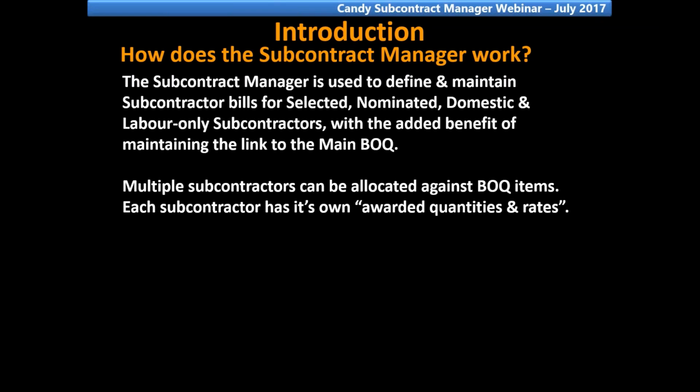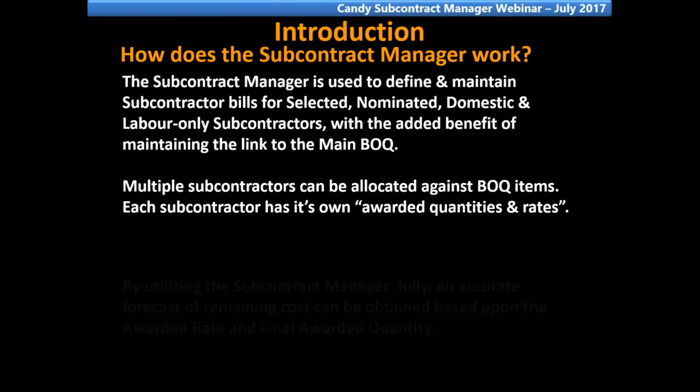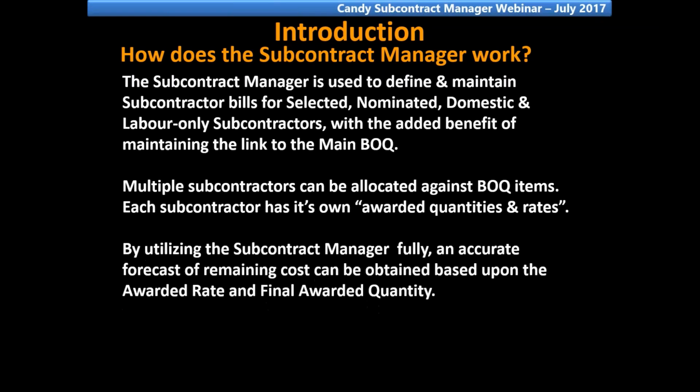Multiple subcontractors can be allocated against BOQ items. Each subcontractor has its own awarded quantities and rates. By utilizing the Subcontract Manager fully, an accurate forecast of remaining cost can be obtained based upon the awarded rate and final awarded quantity.